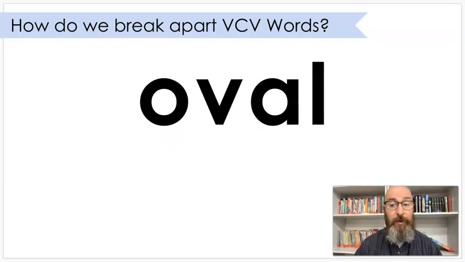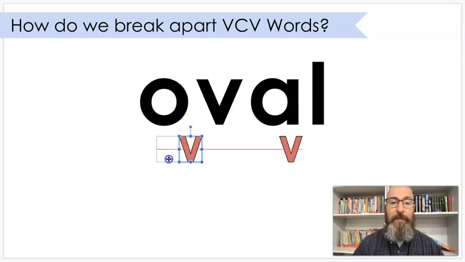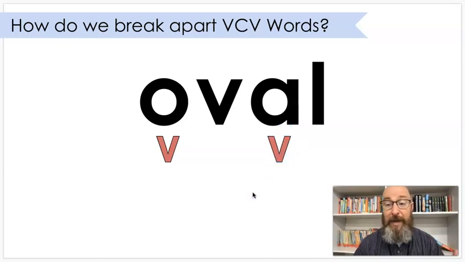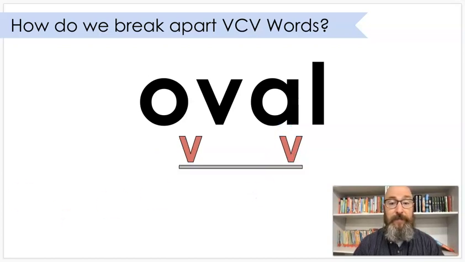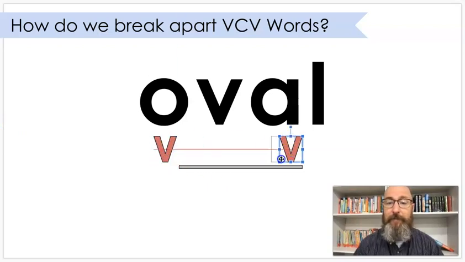What do I do first? I label the vowels, that's right. So I'm going to label my O and my A. Once I've labeled my O and my A, what do I do? I build a bridge. So let's get our O and A labeled correctly again.